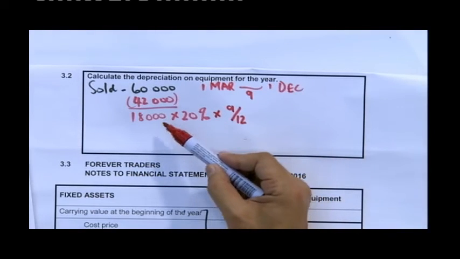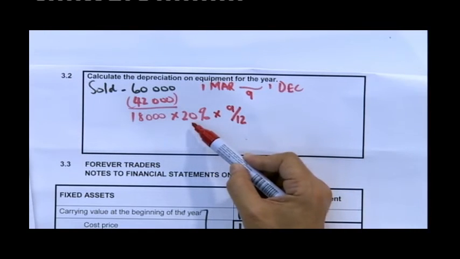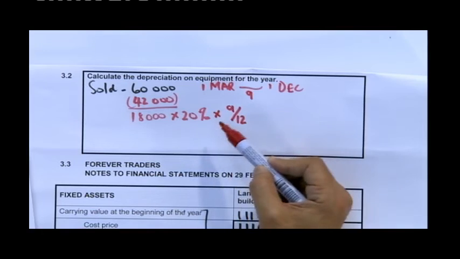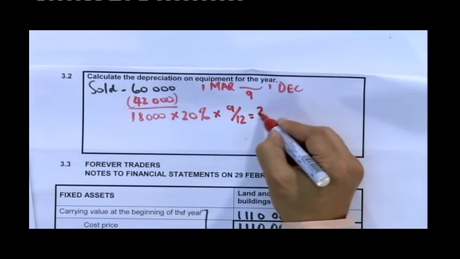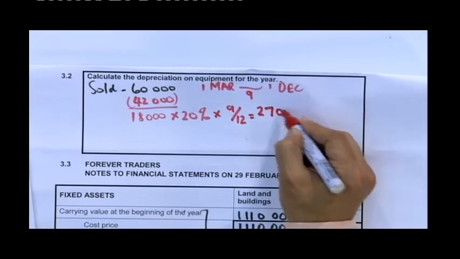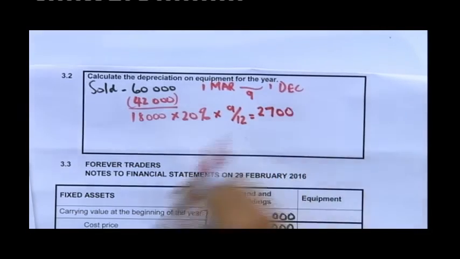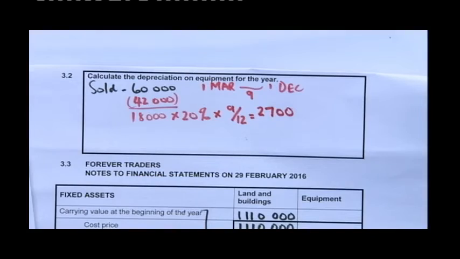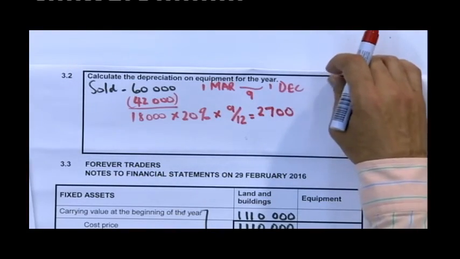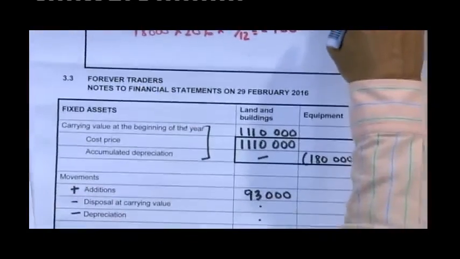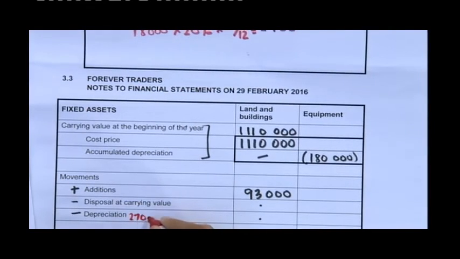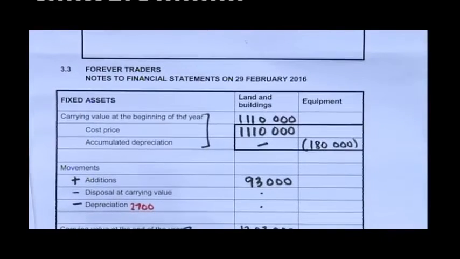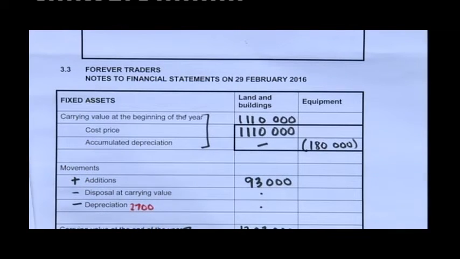So it's going to be 18,000 times 20% times 9 over 12, and that gives you 2,700. Okay. So the depreciation on the item that was sold is 2,700. So now we have to look at, did we buy anything?